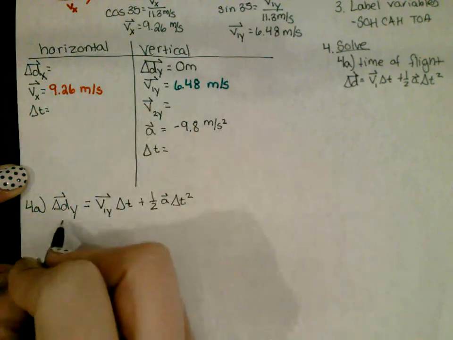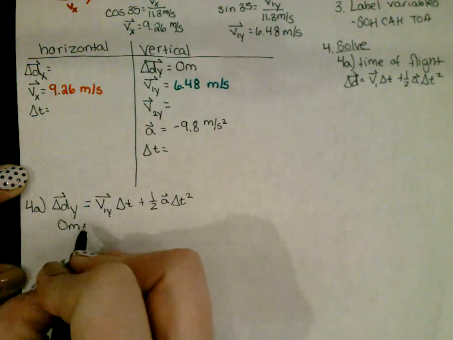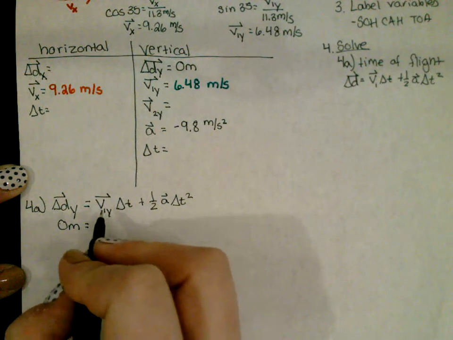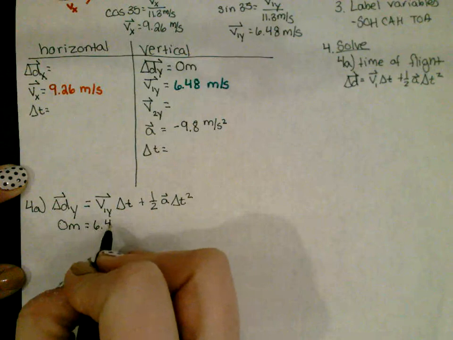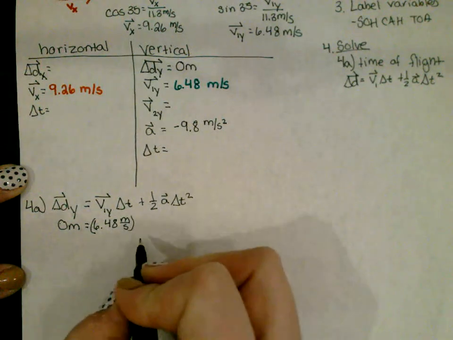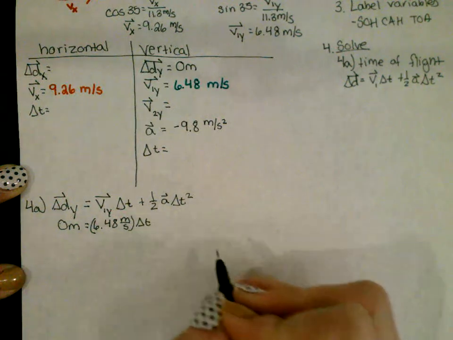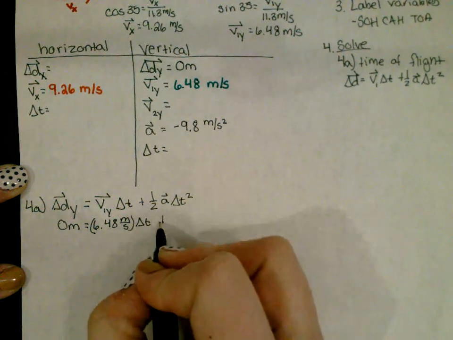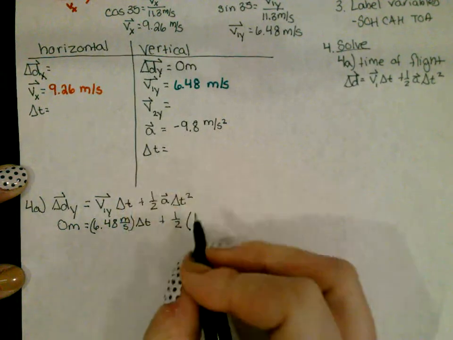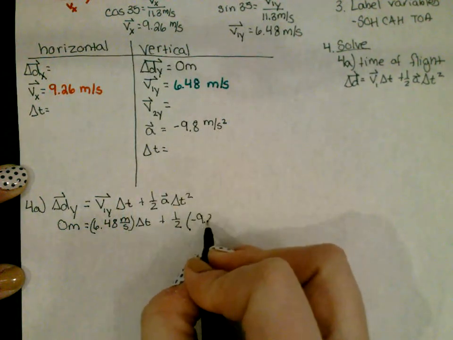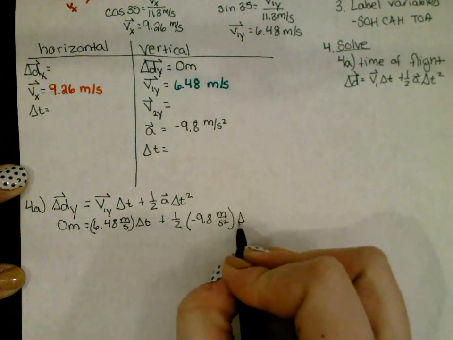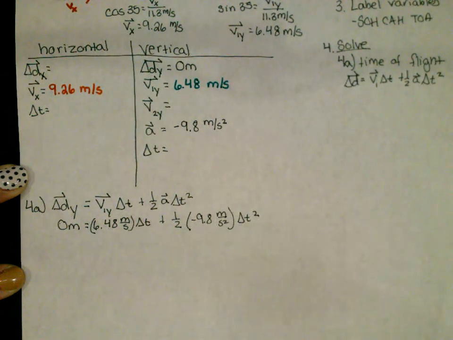My change in displacement on the y is 0. My initial velocity is 6.48 meters per second. I am looking for a change in time. Plus 1/2 times my acceleration, negative 9.8 meters per second squared, change in time squared.